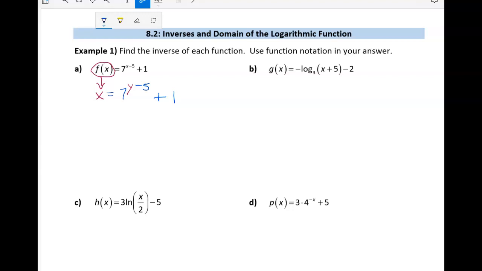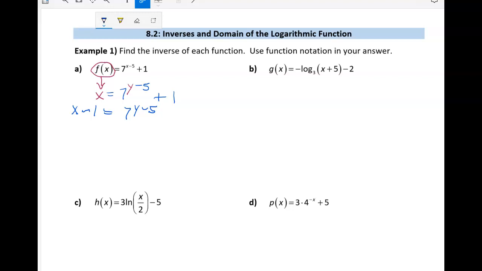If I were plugging in a number for y, I would first subtract 5, raise 7 to that power, and then finally add 1. So the add 1 is the first operation to be undone. Subtract 1 from both sides of the equation.